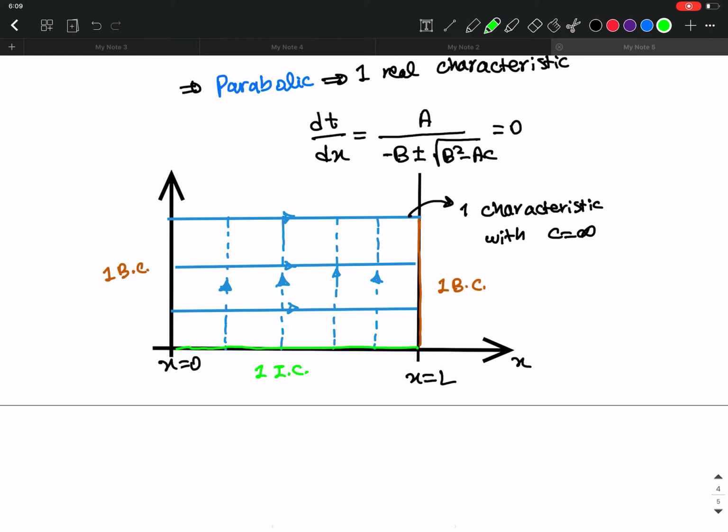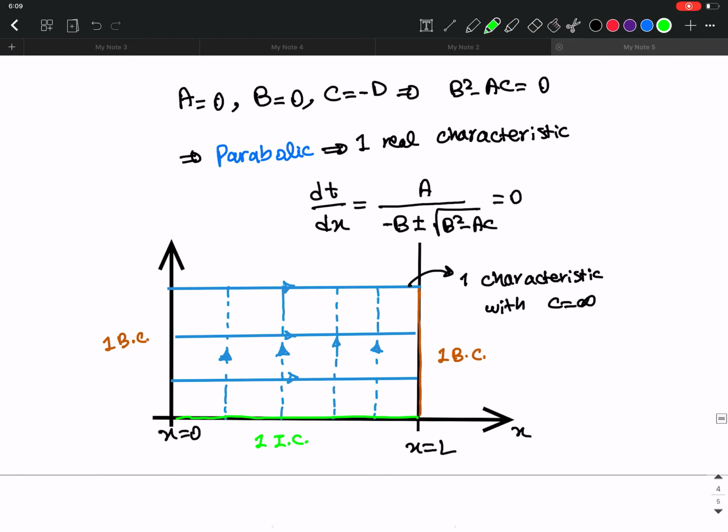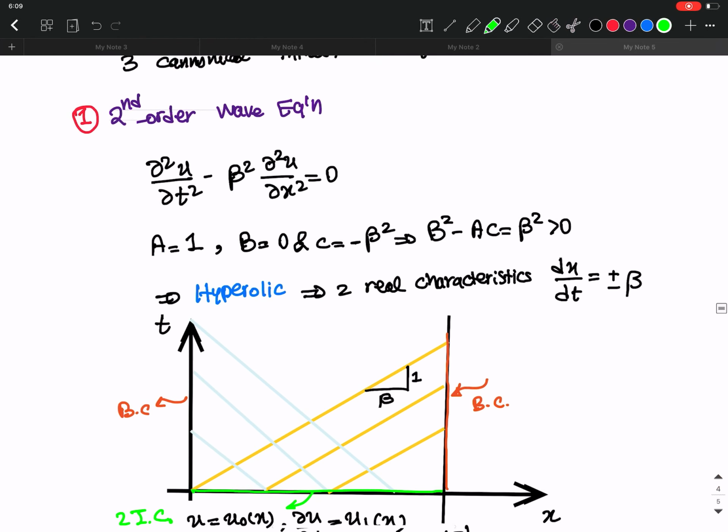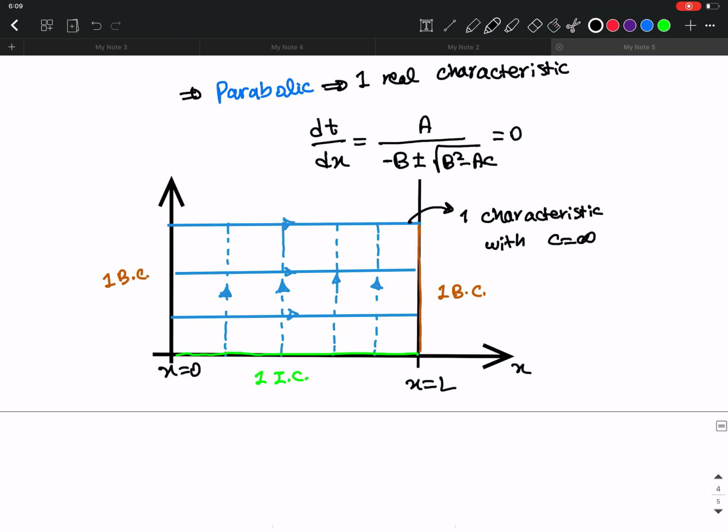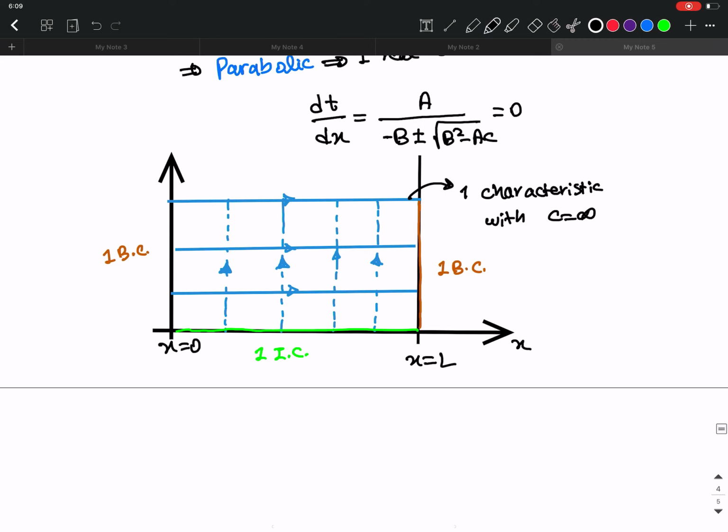Okay, so this is the difference with the second order wave equation. This is what we call the heat equation. As you see again from the domain of dependence, the solution of this PDE also depends on initial and boundary values.